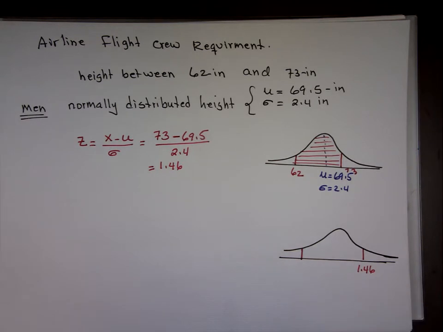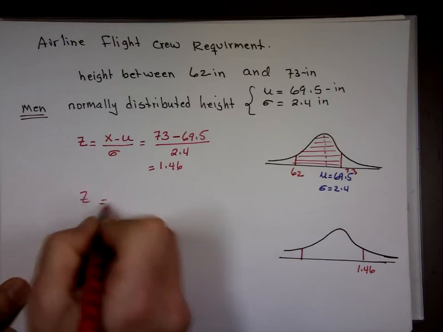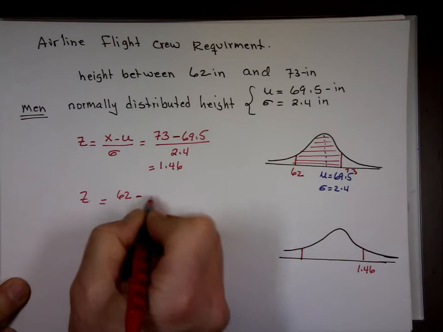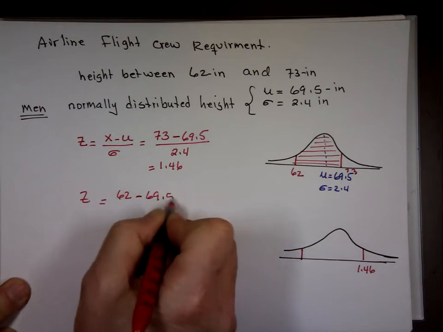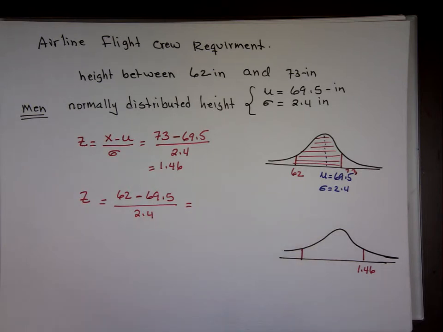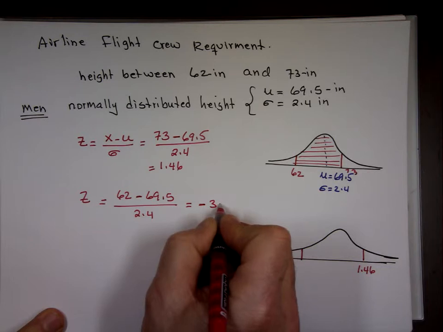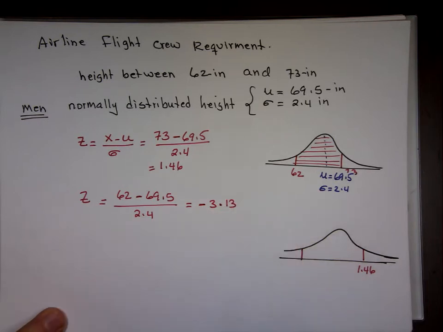And let's find the z value for the 62. 62 minus 69.5 divided by 2.4 is negative 3.125, negative 3.13, two decimal places.